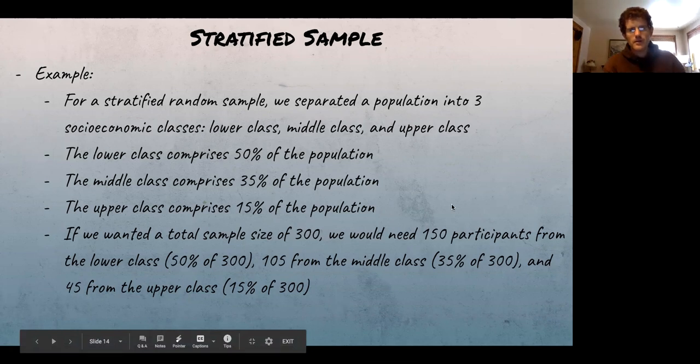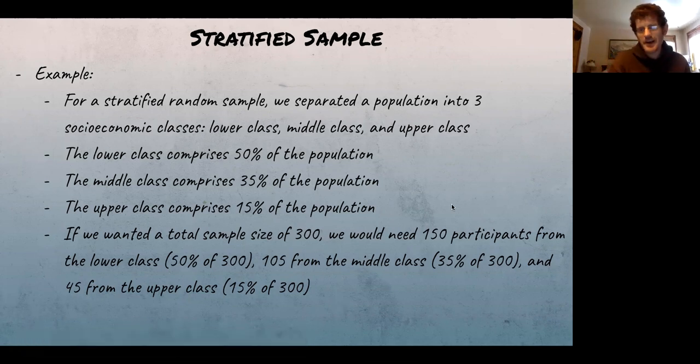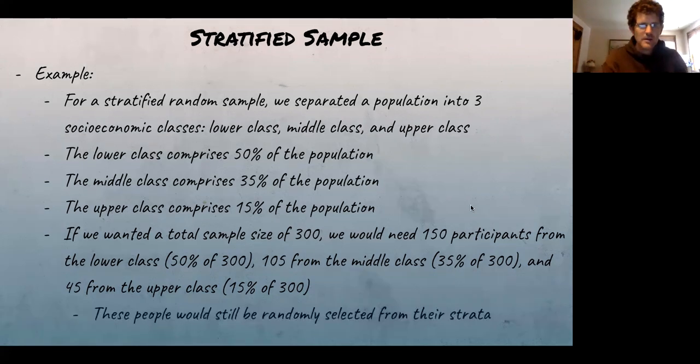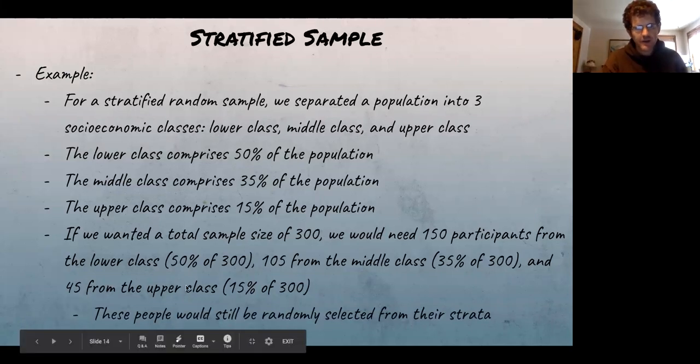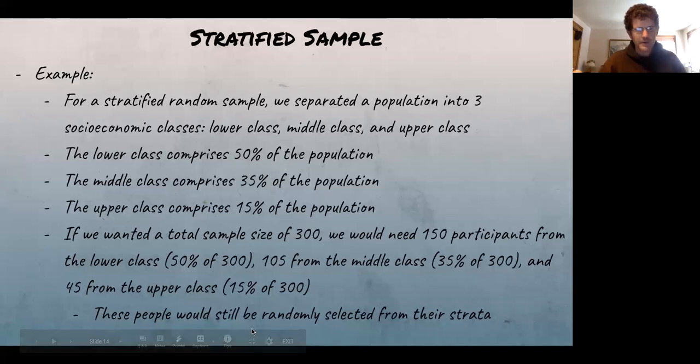Okay. Remember, this is available. If you want to come back and get this reference later, you can get that. Now, when we are picking, in this case, 45 from the upper class, we would still randomly pick. We would take our sampling frame of all upper class people and then randomly pick from there 45 people.